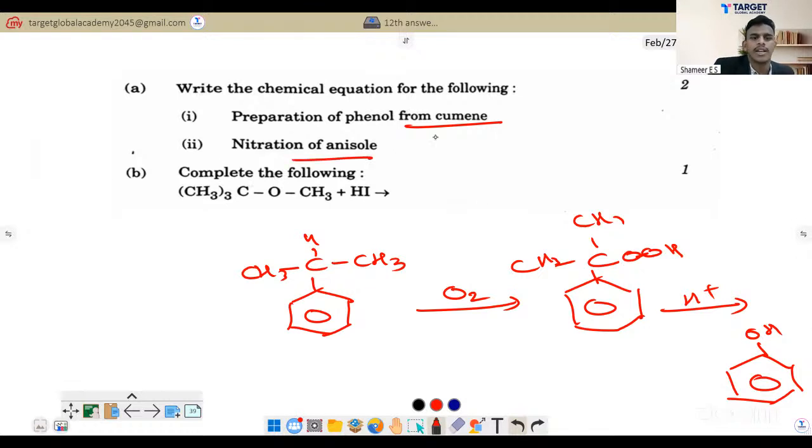Nitration of anisole, we already discussed. What will happen here? You will get a tertiary alcohol with methyl added.